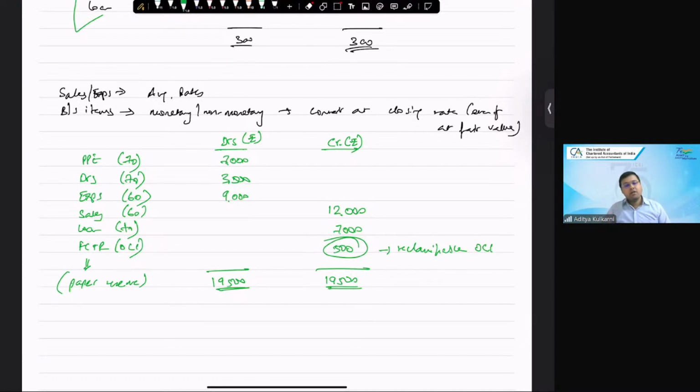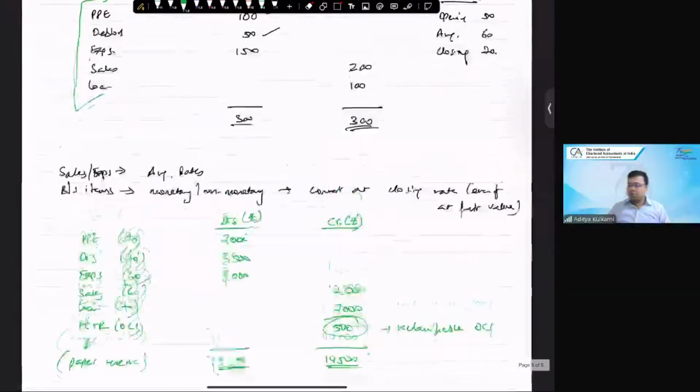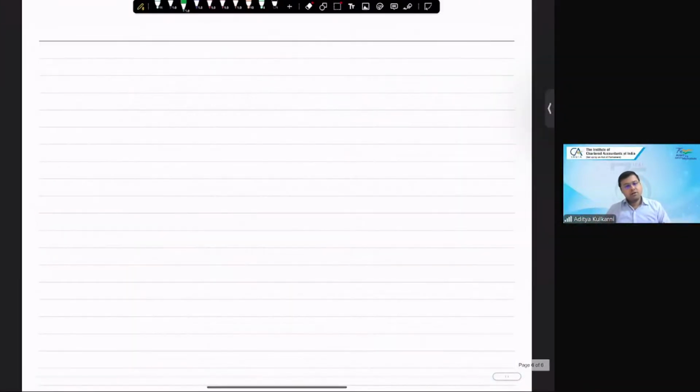And therefore, it is rightly sitting in the other comprehensive income. It will be reclassified when you dispose of the branch. Are you able to understand? Yes. So in the case of a branch, this is the treatment. Okay, Monica followed, Jeannie. Yes, sir. Okay. Shabir, hope you understood. Hemant also confirmed. Mamta, hope you understood.